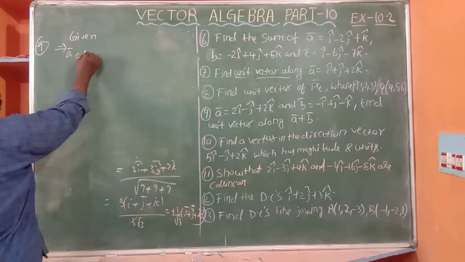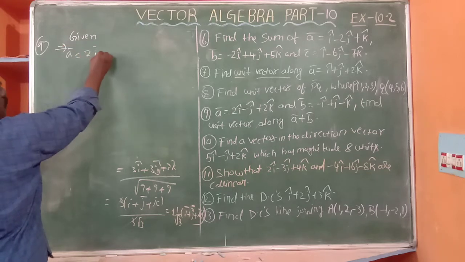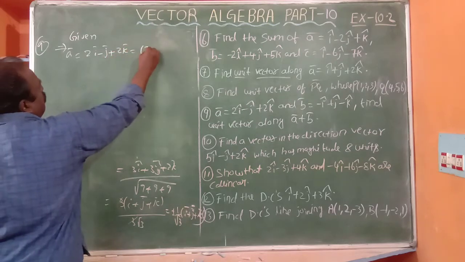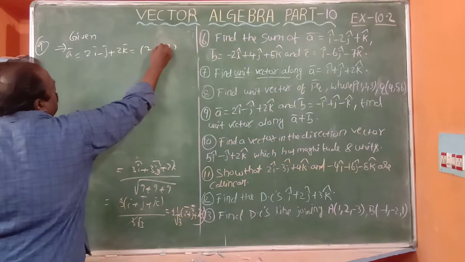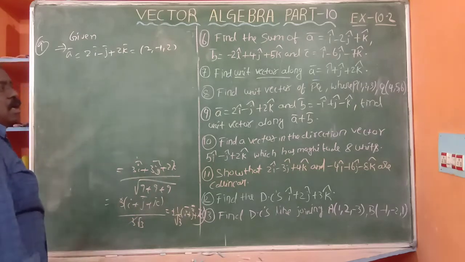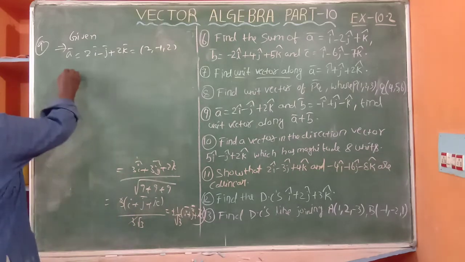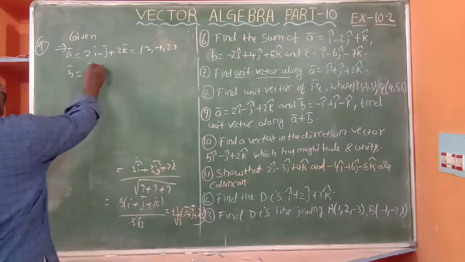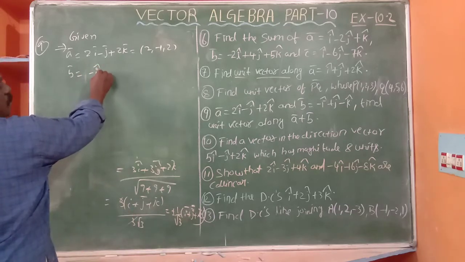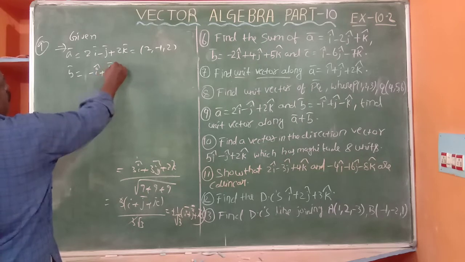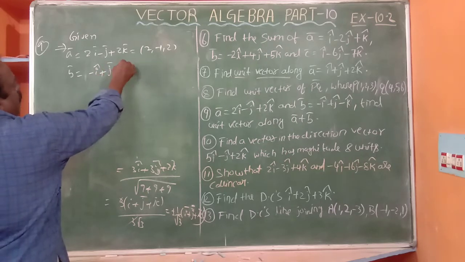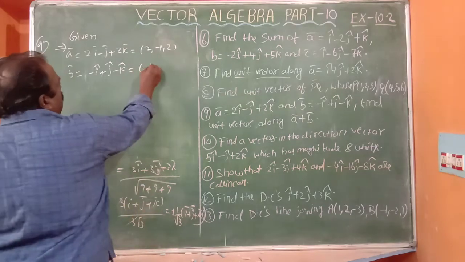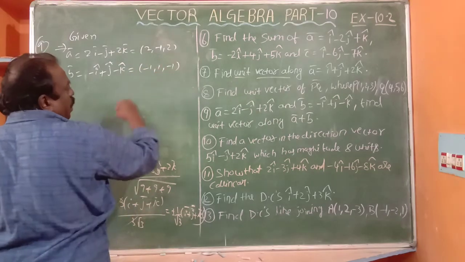A bar is equal to 2i minus j plus 2k, that is 2 comma minus 1 comma 2. And what is B bar? We are given minus i plus j minus k cap, that is minus 1 comma 1 comma minus 1.